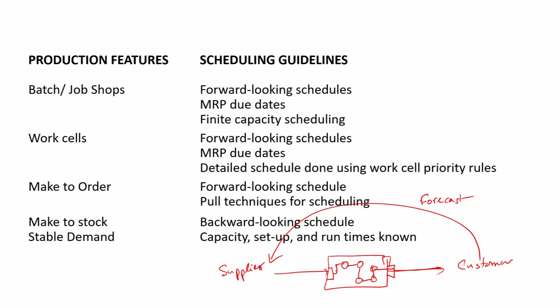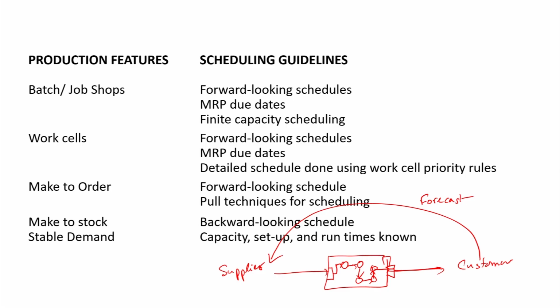So, it is more like looking at whether the material is available or not. If the material is available, you start producing, and if the previous process has completed its job, you start doing the next job. So, this is how this particular type of backward looking schedule works, whereas this is more like a push system.